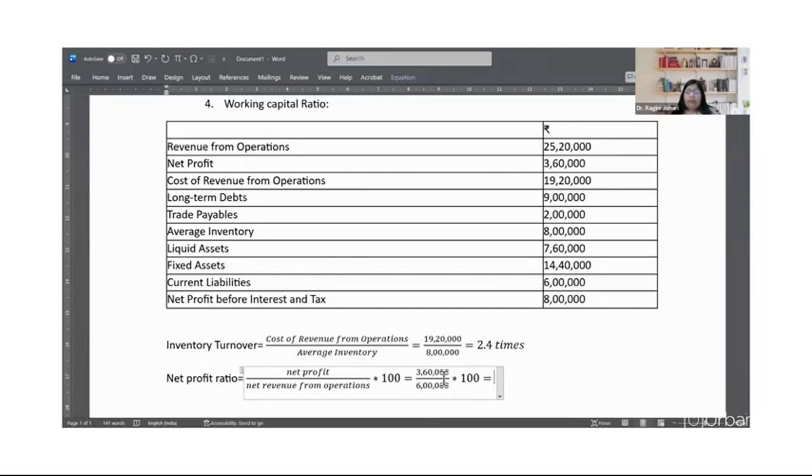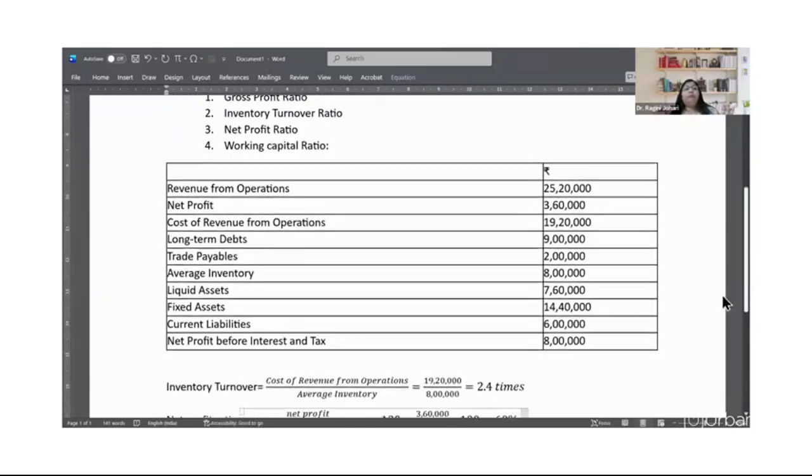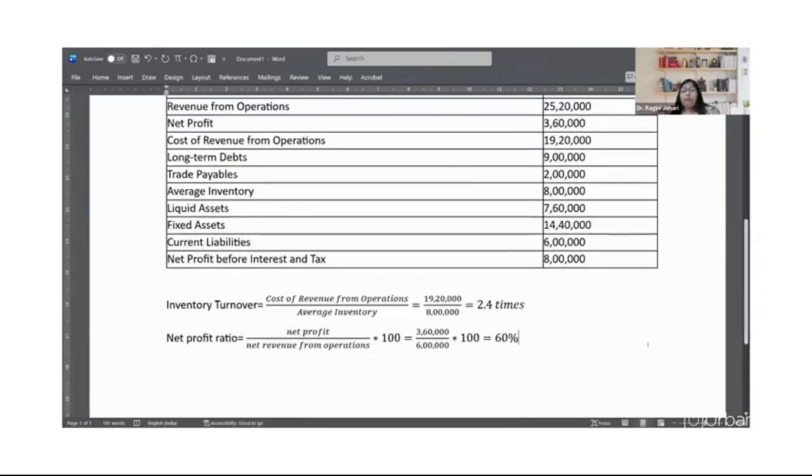This is 3,60,000 divided by 6 lakhs into 100. So we can say that this is how much? This is 60%. Okay. So that means the net profit is 60% of the net revenue from operations. Then we have working capital ratios.